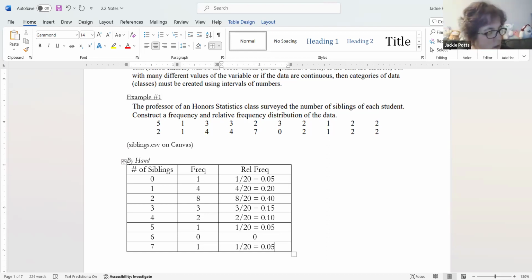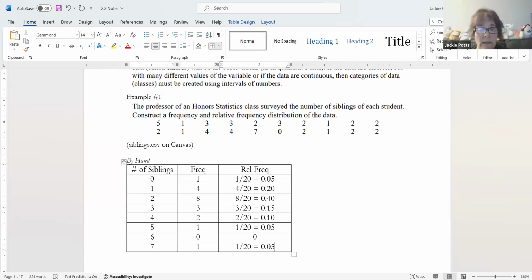Now, something I didn't mention in 2.1 is that we really should total that column up because it should equal about 1. If it totals 0.9999, close enough to 1. If it comes up to 1.001, close enough. If it comes up to 1.7, yeah, I'm going to call foul on you. But a relative frequency can equal about 1.